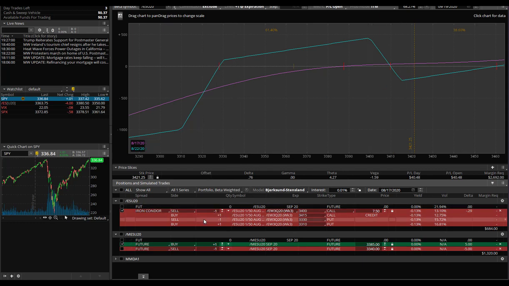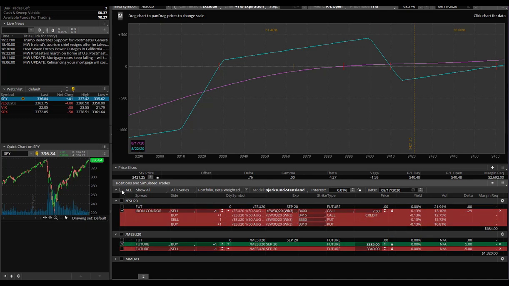The option is going to be in loss, and the future is going to be in profit to equal. However much loss the option is in, the future is going to be $40 more in profit. So you're going to have a negative dollar amount that you've lost for the options and a gain for the future, and a gain by more than the option.